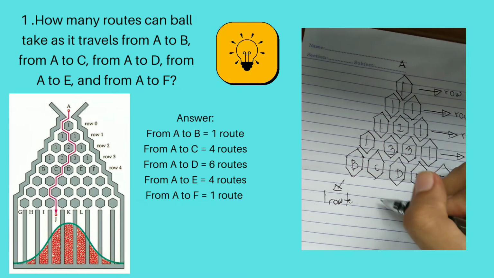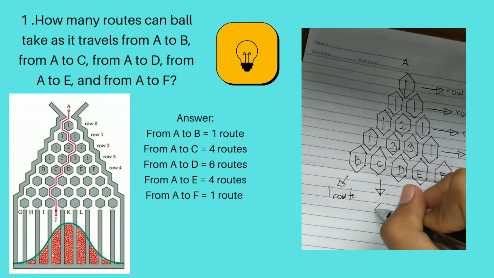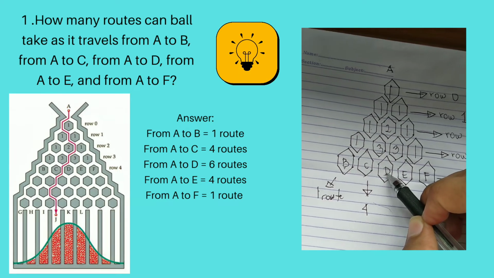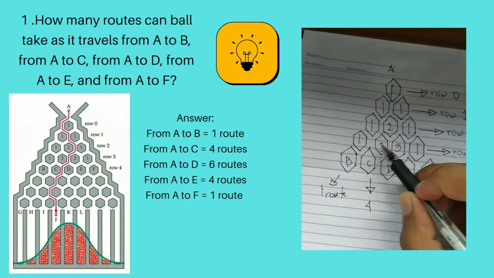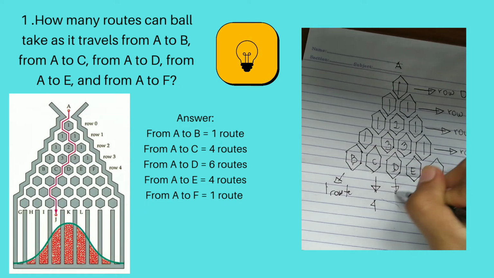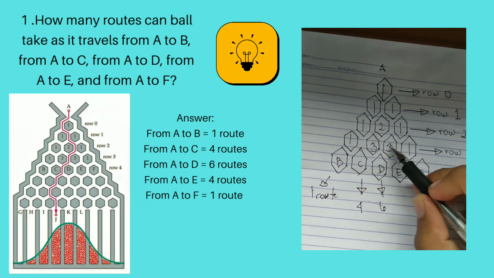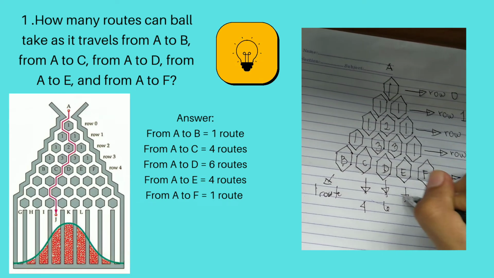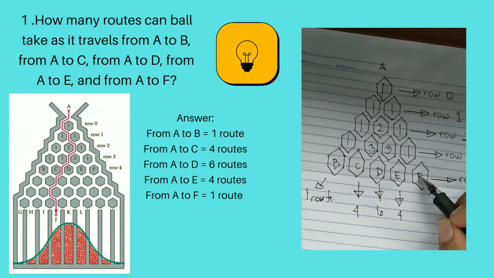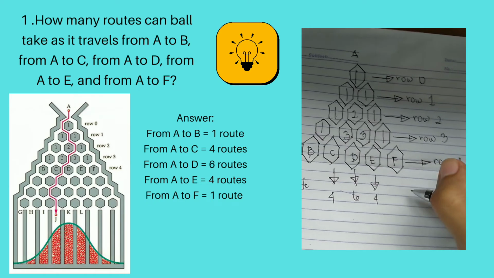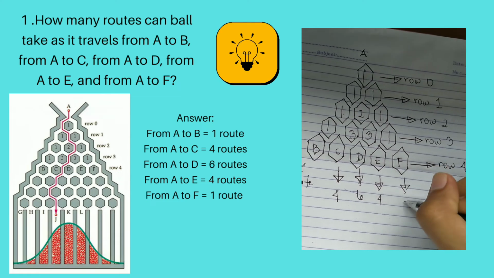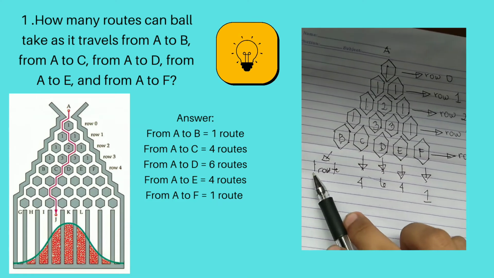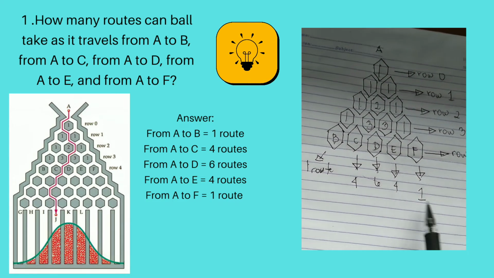So 1 and 3 is equal to 4. And then in letter D, we also add the 2 nearest numbers above. So 3 plus 3 is equal to 6. So 3 plus 1 is equal to 4. And then F is on the edge, so there is only 1 route. So the answer is 1, 4, 6, 4, and 1.